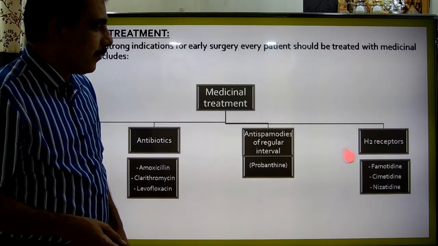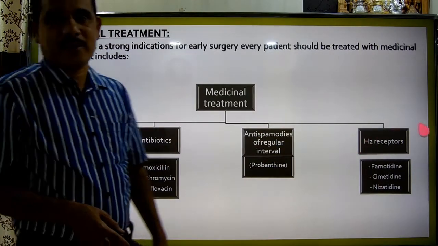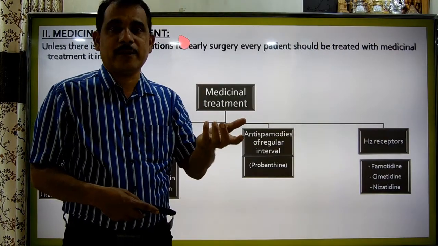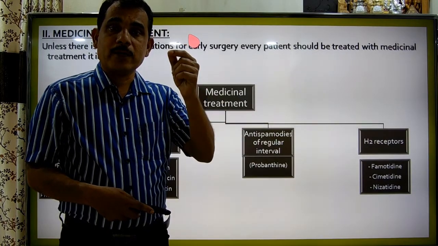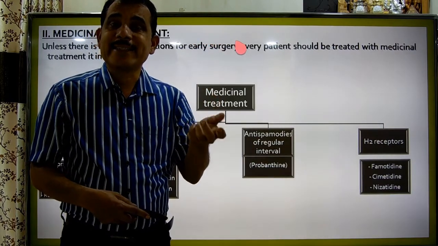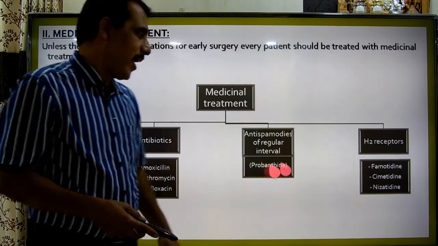Then the most important, the H2 receptor blockers, most commonly used for long-term treatment. They block the H2 receptors and prevent the formation of HCl, the gastric acid.